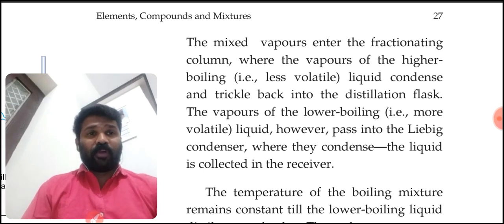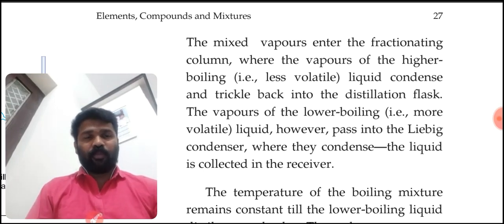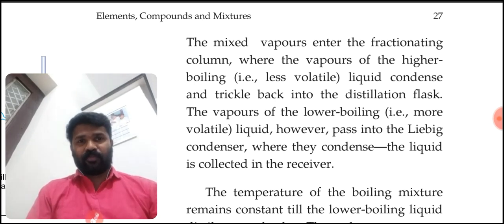The mixed vapors enter the fractionating column, where the vapors of the higher boiling point liquid condense and trickle back into the distillation flask. The vapors of the lower boiling point liquid, however, pass into the Liebig condenser where they condense. The liquid is collected in the receiver.